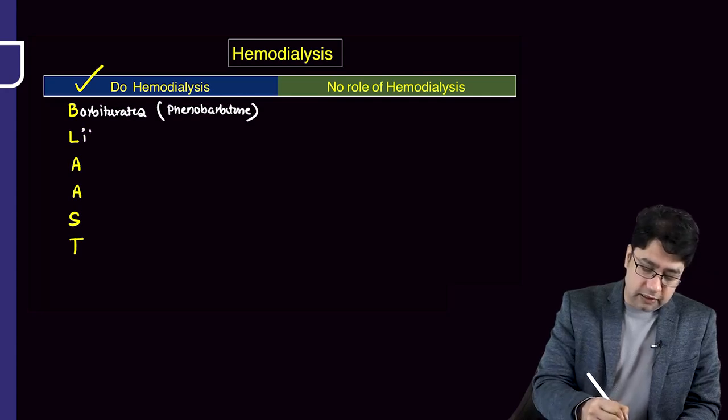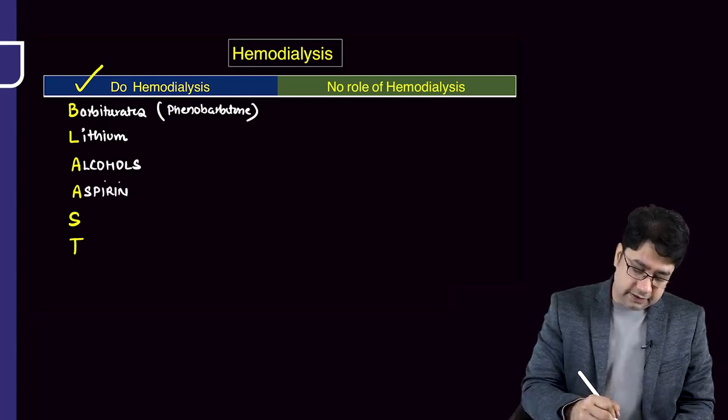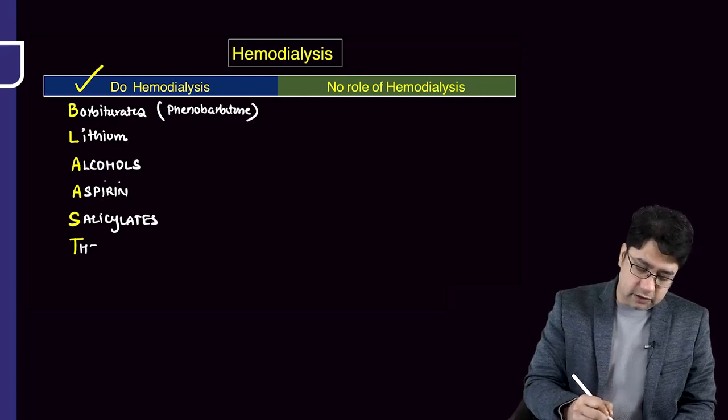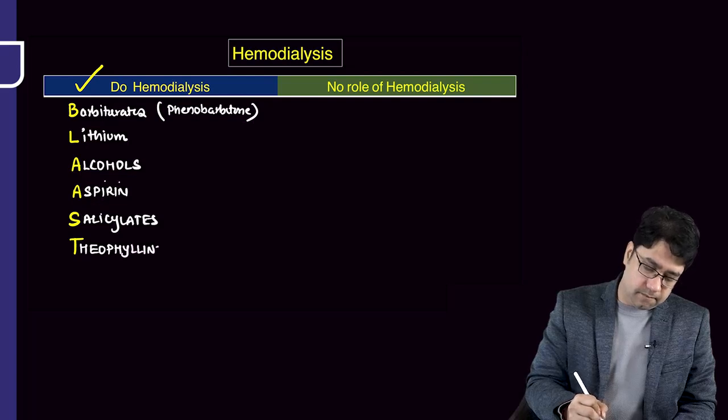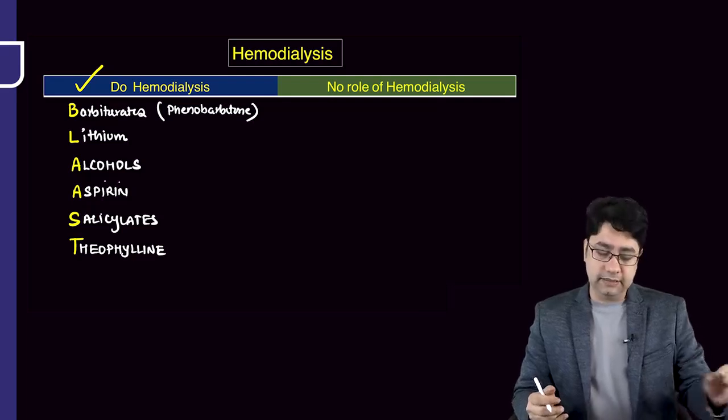L for lithium, A for alcohols, A for aspirin and salicylates, and lastly, a drug for asthma, theophylline. So in the poisoning of these drugs, we do hemodialysis.